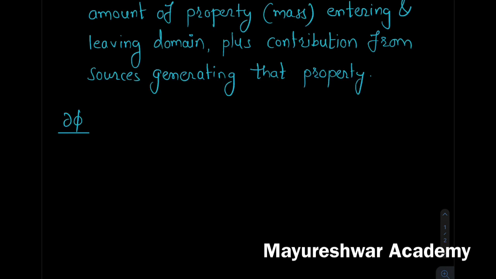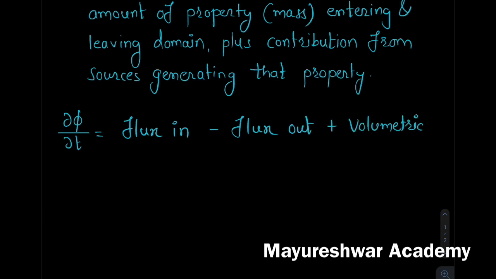So it states in equation form as d phi dt is flux in minus flux out, which is the leaving flux, plus volumetric generation of source, in this case mass, and plus surface source.